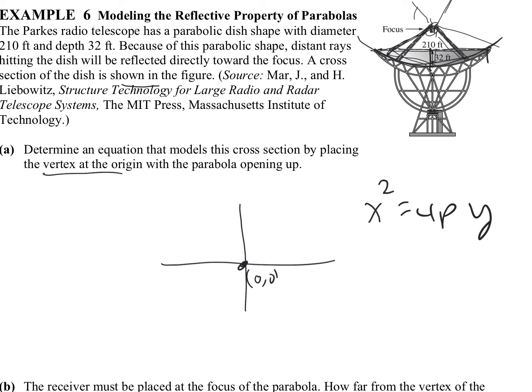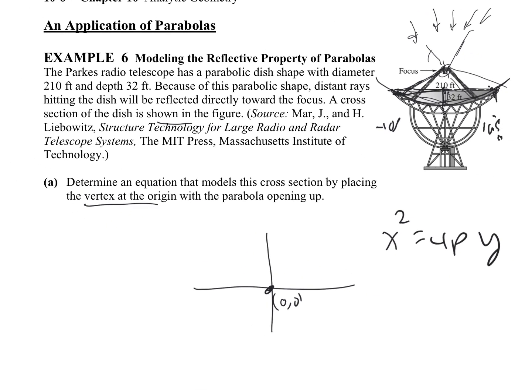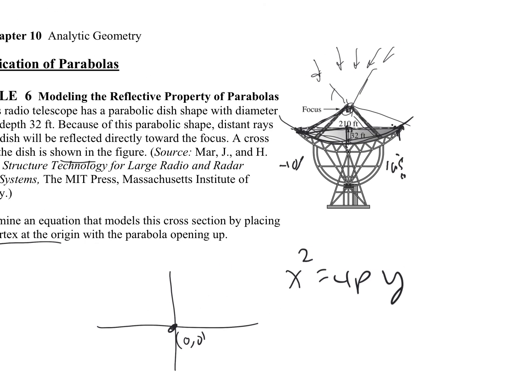So from here to here must be 105, half the diameter. That would be at negative 105. If you think about the y value, how high am I going? He said the depth was 32 feet. So this ordered pair would be 105 comma 32, and this ordered pair on that parabola would be negative 105 comma 32.